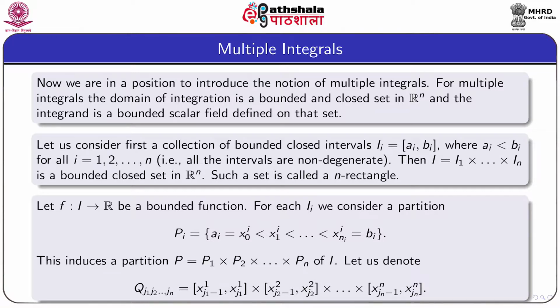This induces a partition P equal to P1 cross P2 up to Pn of I. Let us denote Q_{j1 j2 up to jn} equal to the Cartesian product of the subintervals [x_{j1-1}^1, x_{j1}^1], then [x_{j2-1}^2, x_{j2}^2] up to [x_{jn-1}^n, x_{jn}^n].